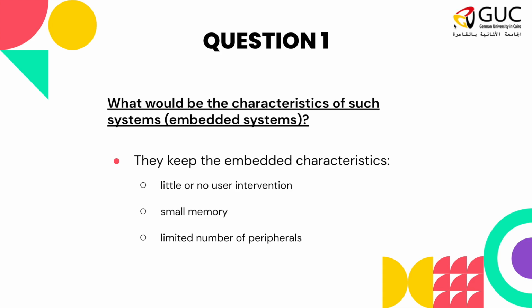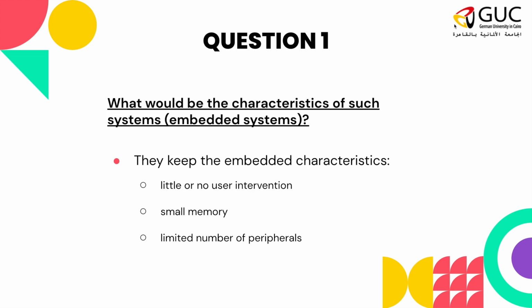An embedded system has a limited number of peripherals. And as you will see in your project, using the Arduino board and the microcontroller on the Arduino board, you'll find out that you do not have a lot of space or a lot of peripherals to connect input and output items. Therefore, there is a limited number of peripherals, and it varies according to the embedded system.